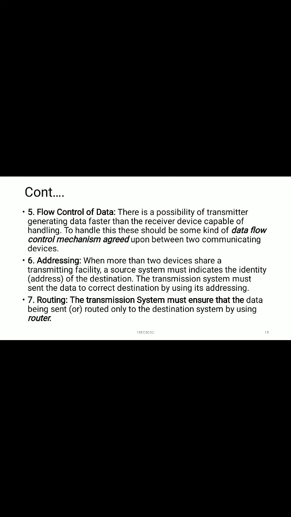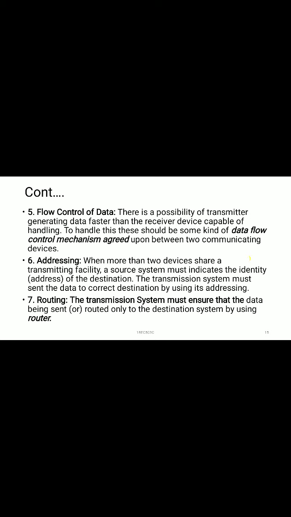Next one is flow control of data. Here there is a possibility of the transmitter generating the data faster than the receiver device is capable of handling. To handle this, there should be some kind of data flow control mechanism agreed upon between the two communicating devices.